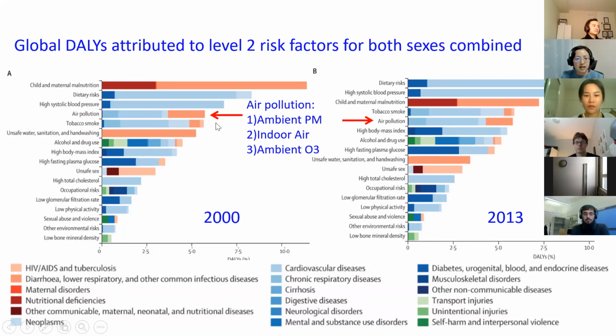You can see that among all the risk factors listed here, in either year, air pollution as well as tobacco smoke ranked in the top rows of the global health burden. Actually, the air pollution here includes both ambient air pollution, ambient particles, and indoor air, as well as ambient ozone.